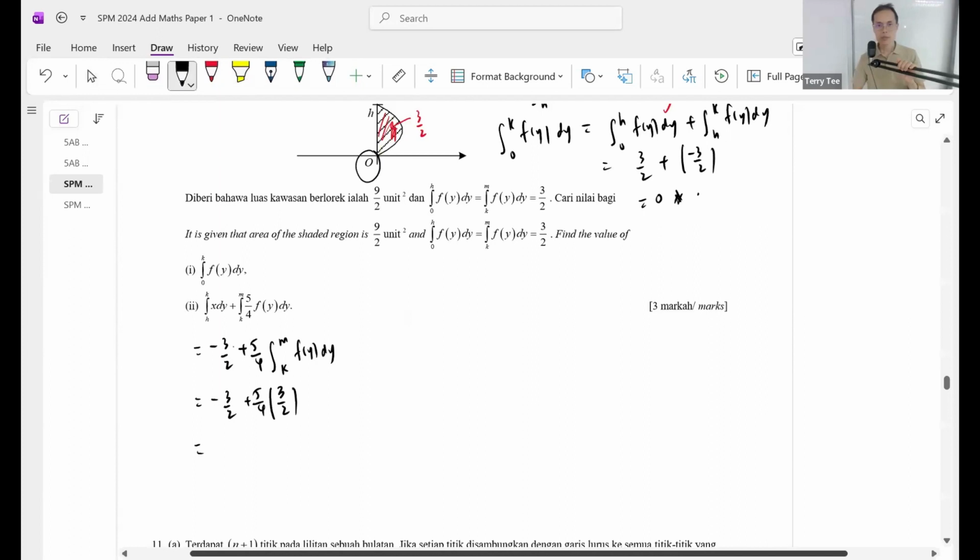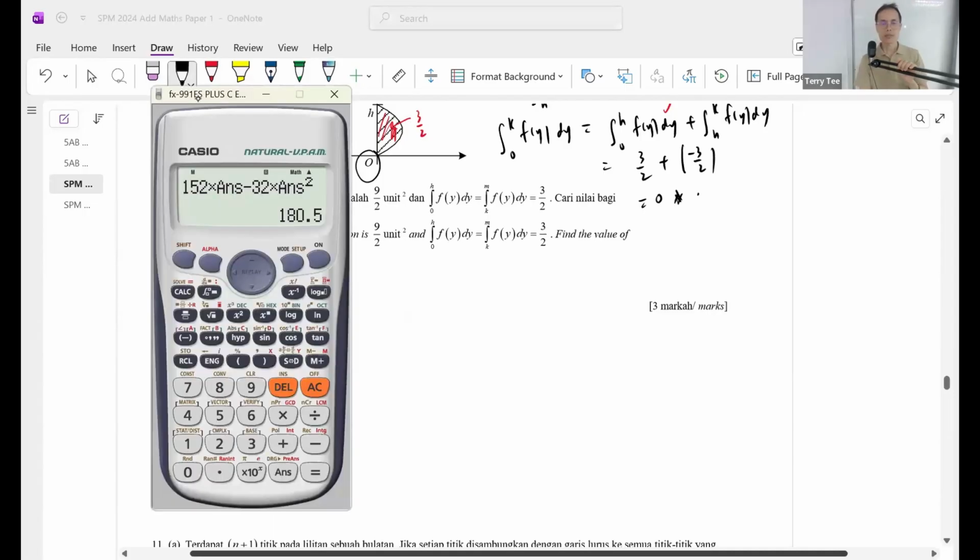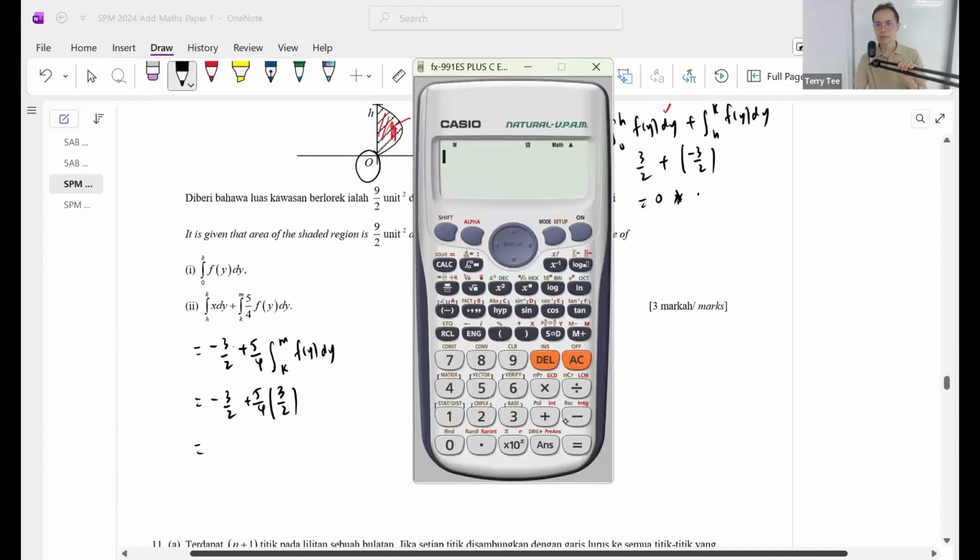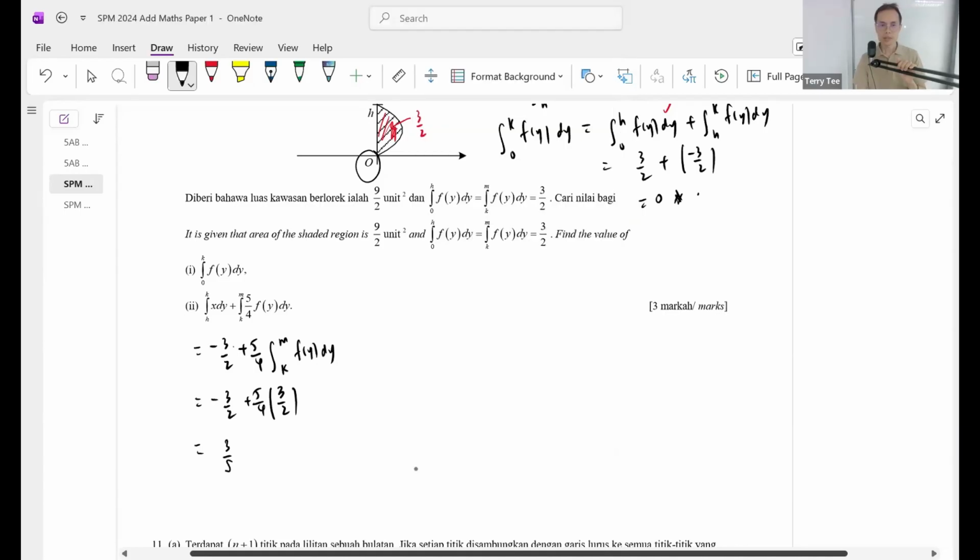We can use our calculator. Actually, I would factorize and cancel them, but it's okay. You use a calculator, right? This will be negative 3 over 2 plus 5 over 4 times 3 over 2, you get 3 over 8.